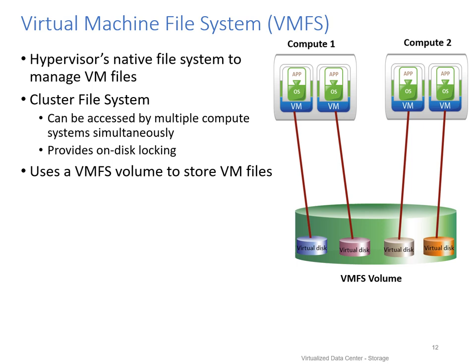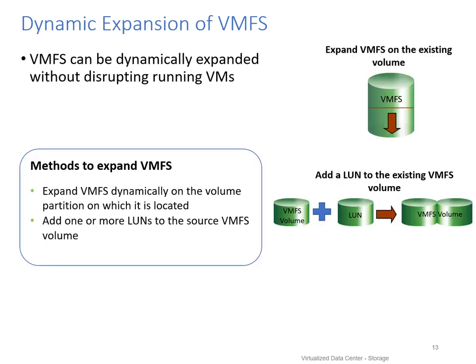VMFS volume is used for providing storage space for creating virtual machine file system to store virtual machine files. Hypervisor supports logical volume manager for extending VMFS dynamically without disturbing the running VMs across the compute system.